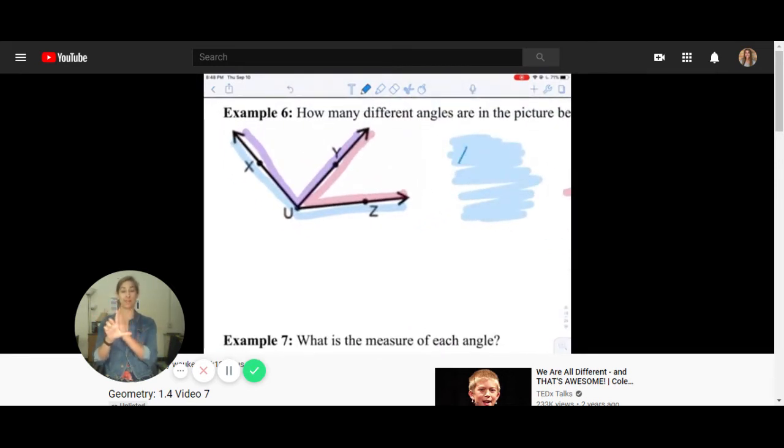So we could name that angle XUZ, or we could name that angle ZUX. So what's important is that the vertex is in the middle. I cannot call this angle U because then I don't know which angle I'm talking about. Am I talking about the blue angle, the purple angle, or the red angle? I don't know.